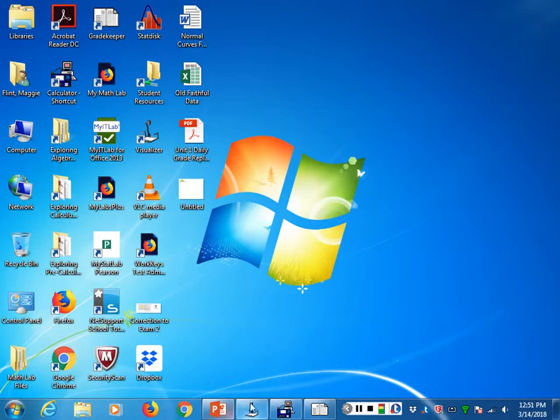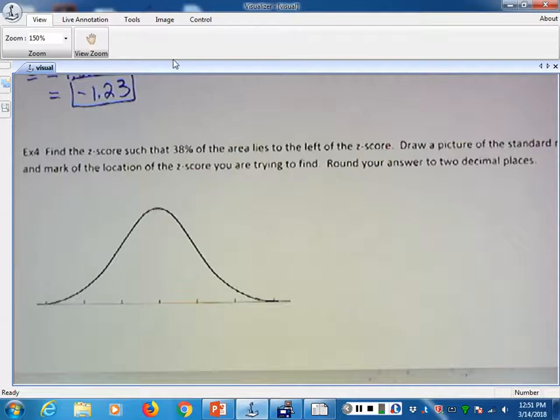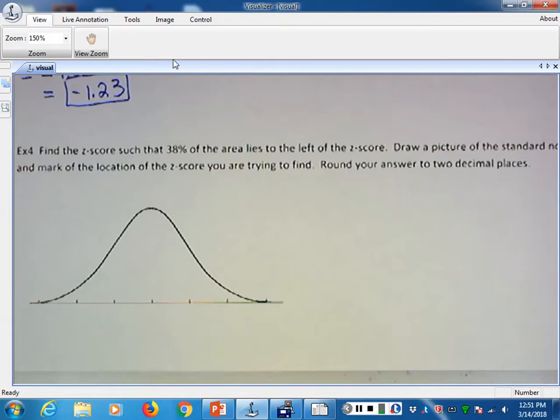Okay, so we will get started back. Example 4 says to find the z-score such that 38% of the area lies to the left of the z-score. Now the thing to remember here is they're just leaving it up to you to write the probability statement.